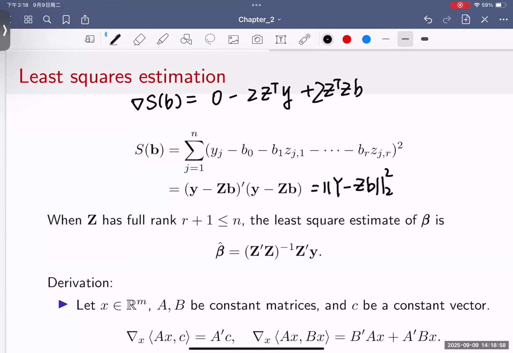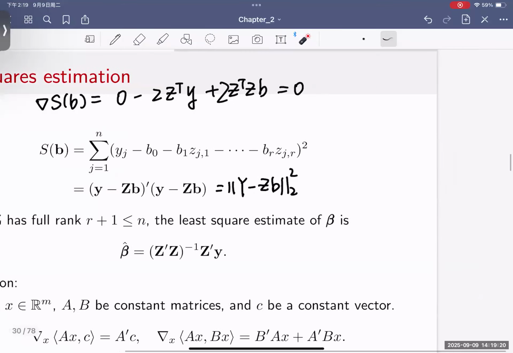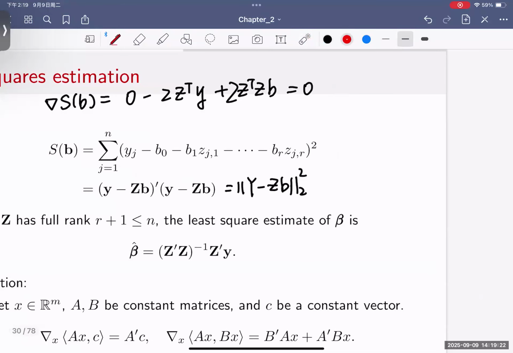And the next step, we will try to solve this equation to make this term 0. Okay, so how do we do that? The reason that we're trying to do this is that it will find the minimum point. Just back here. And we just reorganize this term, so that will become 2z transpose y equal to 2z transpose z times b.